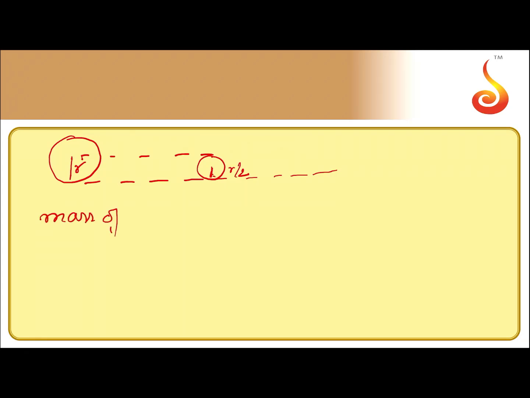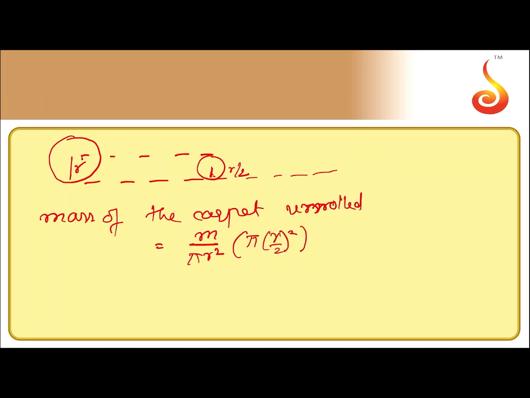Mass of the carpet unrolled is equal to m by pi r square, that is mass per unit area, into area of the remaining or unrolled part. That becomes m divided by 4. So mass of the carpet unrolled is m divided by 4.